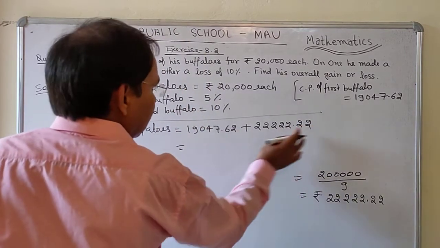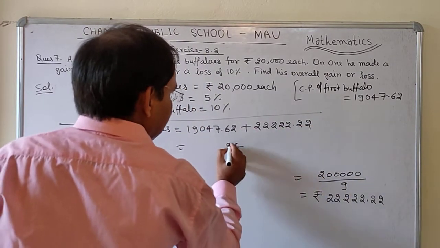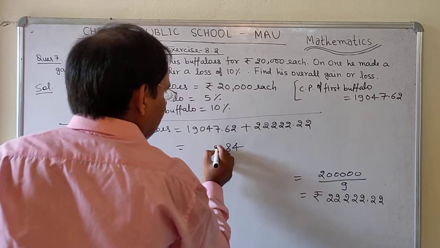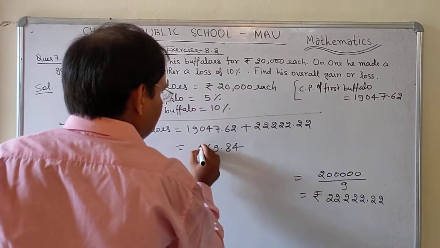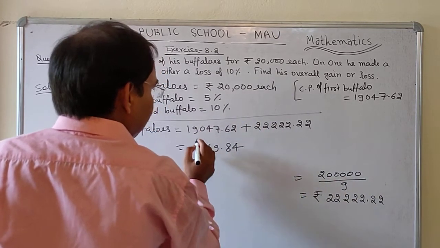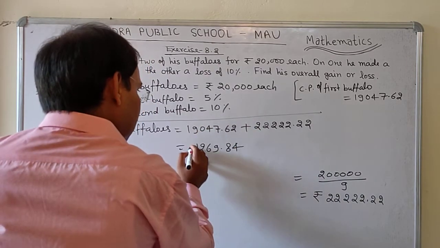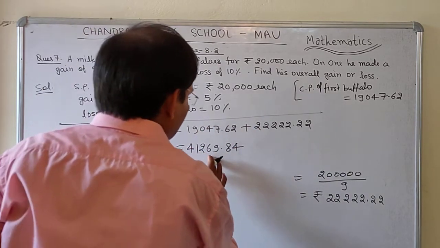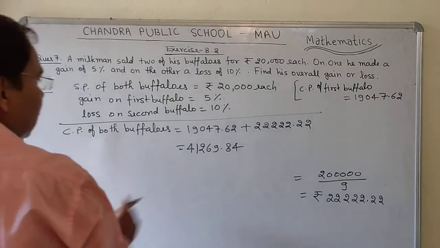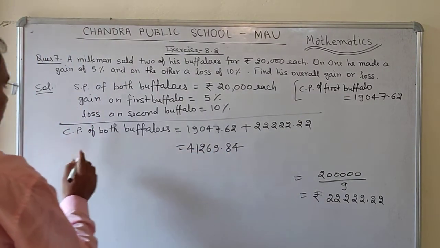If you add, it will be 4, 6 to 8, then 7 to 9, 4 to 6, here it will be 2, 9 to 11, 2, 1, 3, 1, 4. 41,269.84. That is the cost price of both buffalo.